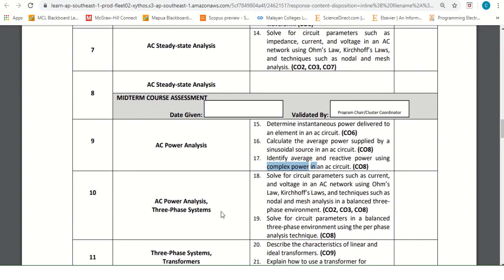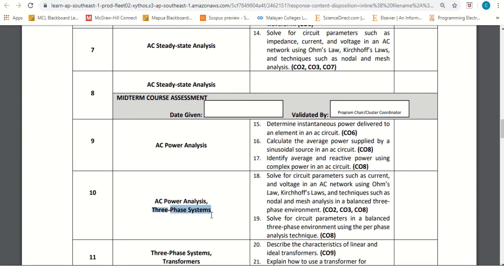Then on the 10th week, we'll also cover three-phase systems. This is still under AC circuits, but now we're dealing with three-phase systems.